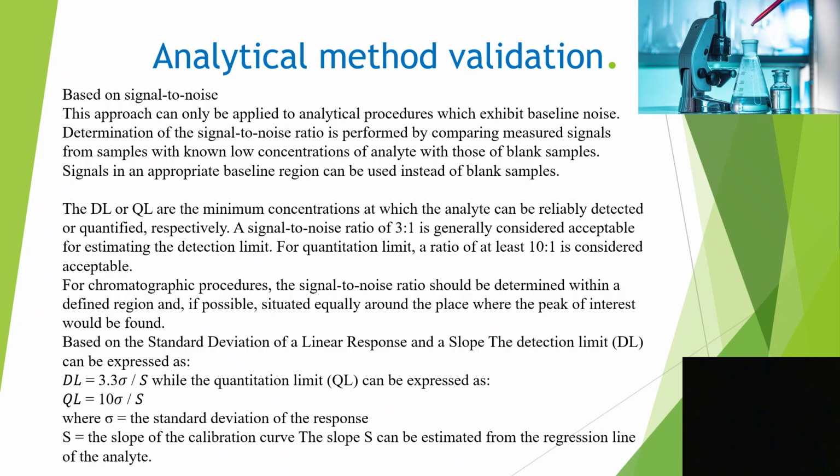In that scenario, for chromatographic procedures, the signal to noise ratio should be determined within the defined range, if possible situated equally around the place where the peak of interest would be found.